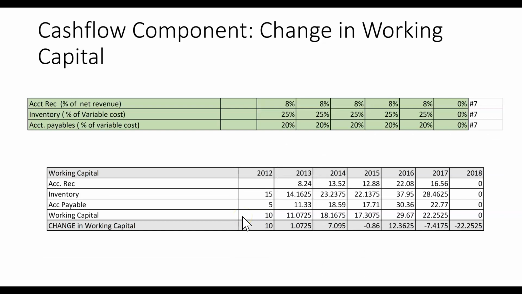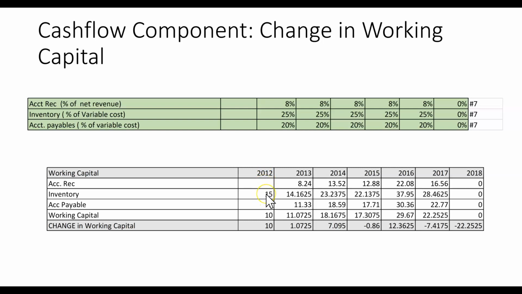The other component we need is the working capital. The working capital information they provided us in the assumptions is that the accounts receivable will be 8% of net sales, inventory will be 25% of the variable cost, and the accounts payable will be 20% of the variable cost. In 2012, we will not have any accounts receivable because we have not sold anything yet.